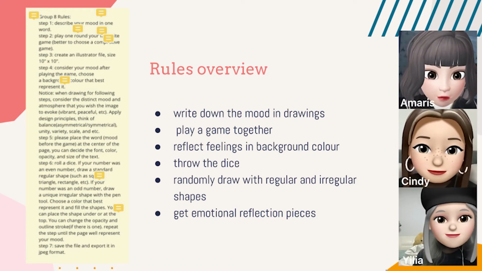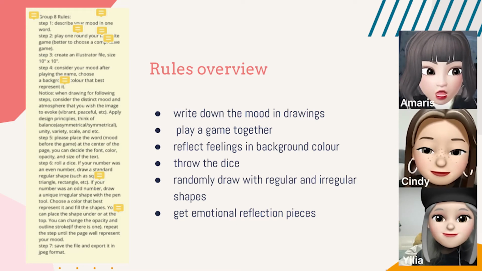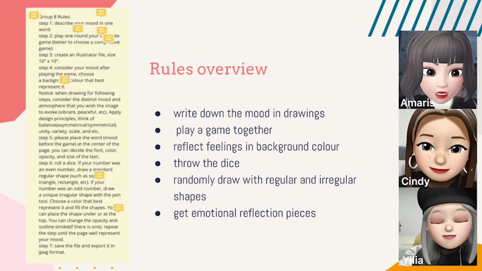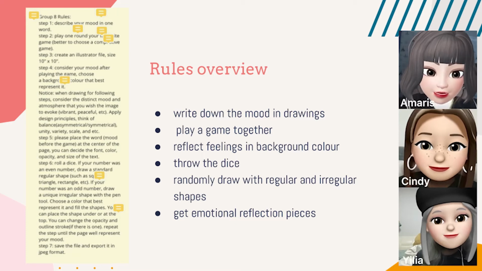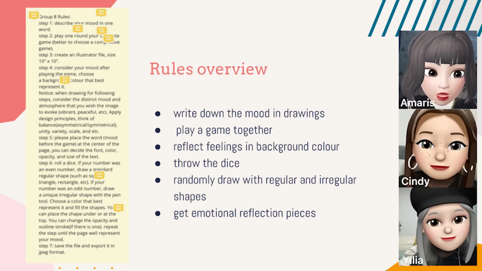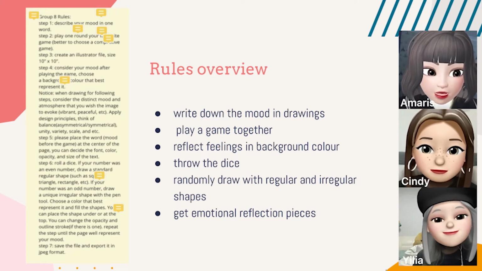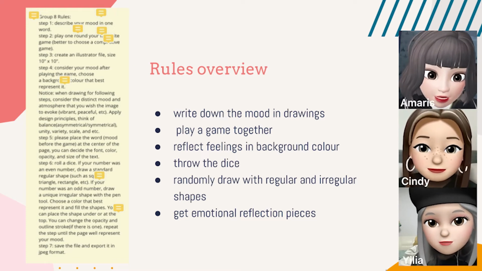These are the rules that we designed based on our planning. We first asked implementers to write down their mood at present in their drawings, and then let them choose a color that can best represent their feelings after playing a game as their background color.